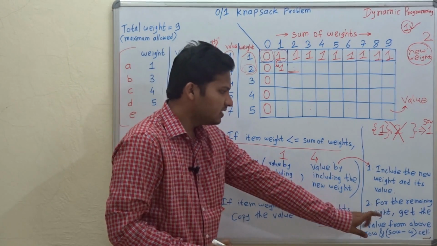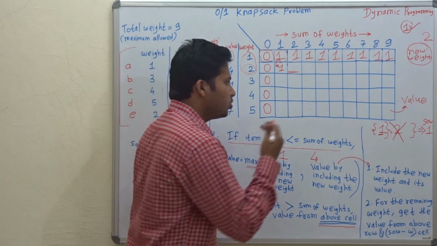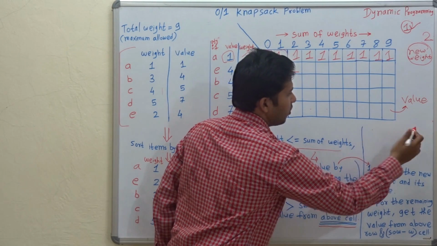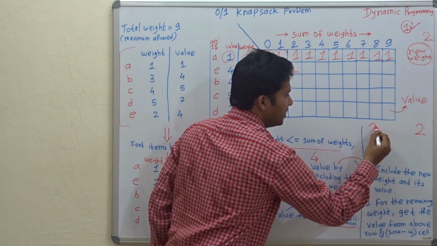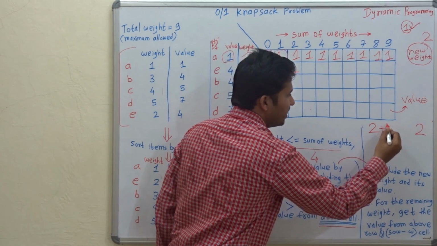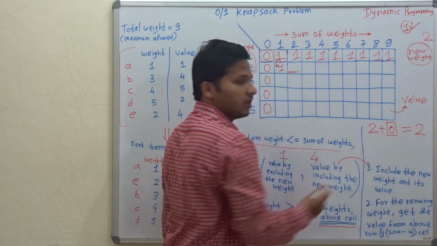Okay. Now the second step: for the remaining weight, you are going to form a weight of 2. You have included a weight of 2, then obviously the remaining weight is 0 to make a total of 2.